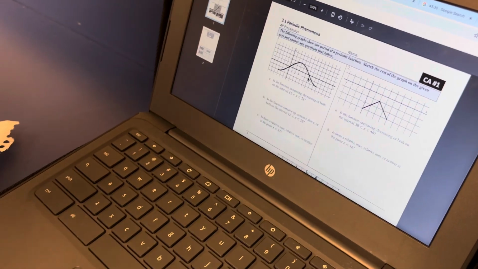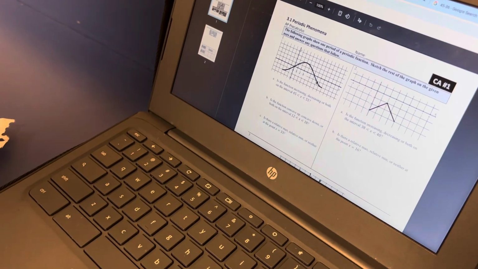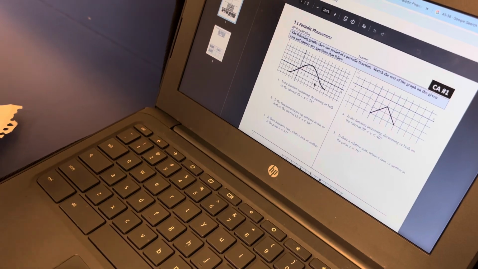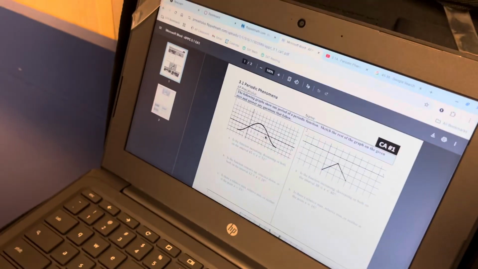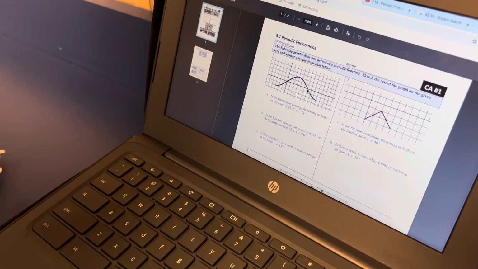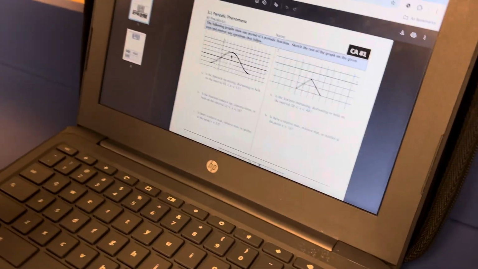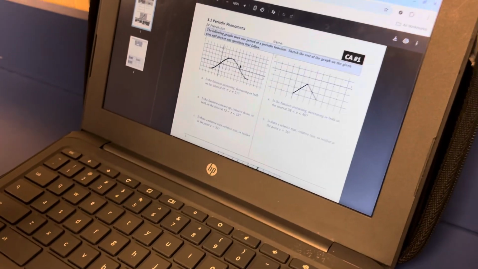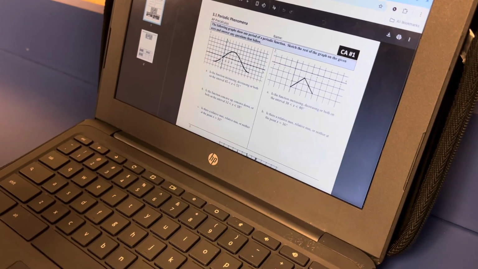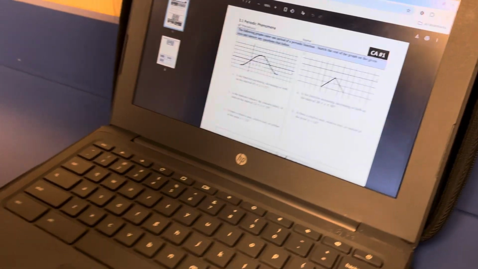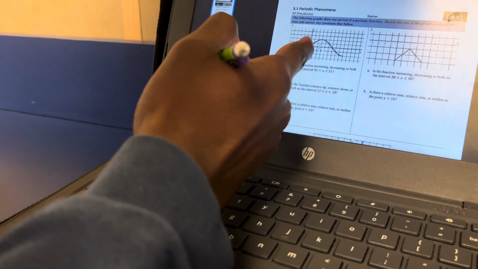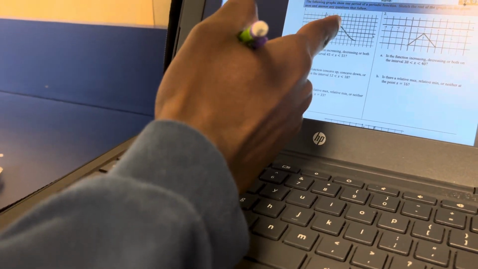Oh, so I see what's going on. So at f of 6, we know it's the same as f of 18. This is an interesting one. At f of 6, we could see the line is still reflecting off of this concavity.